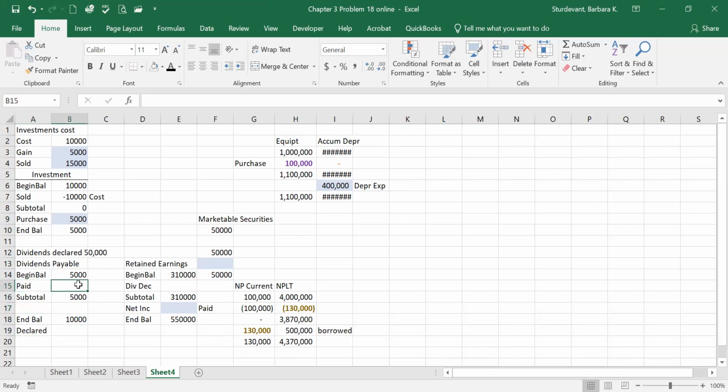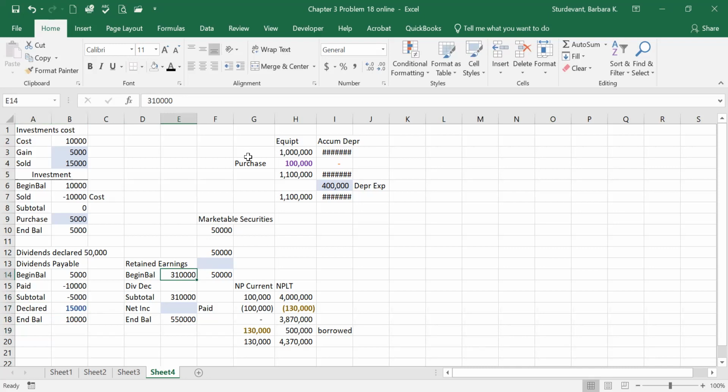So dividends paid were 10,000, so that gets subtracted out of here. So to go from a -5 to 10, it means that they declared how much? $15. Okay. All right.